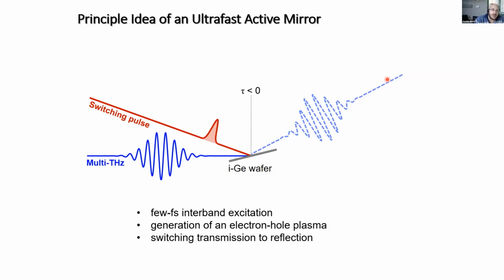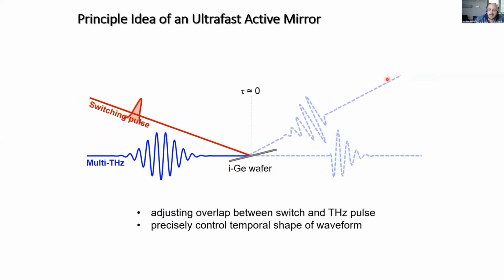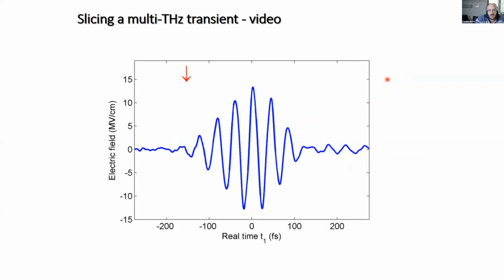But not only that. Thanks to the very good combination of the duration of the near infrared and the mid infrared, we can even do something more, which is slicing a pulse. If our switching occurs during the mid infrared pulse itself, we can slice up individual cycles of the optical radiation itself. And this is the experiment.